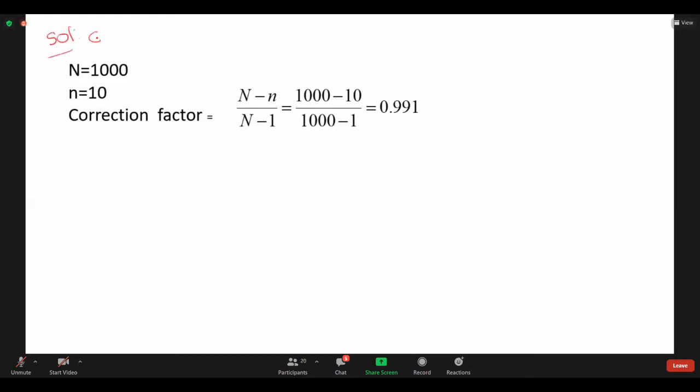Given capital N and small n, just substitute the two values in that formula. Somebody got 0.90, 0.99 or 90?